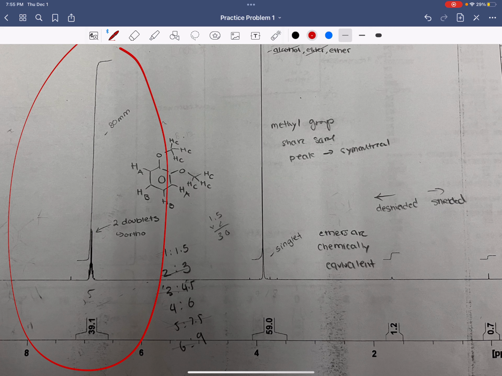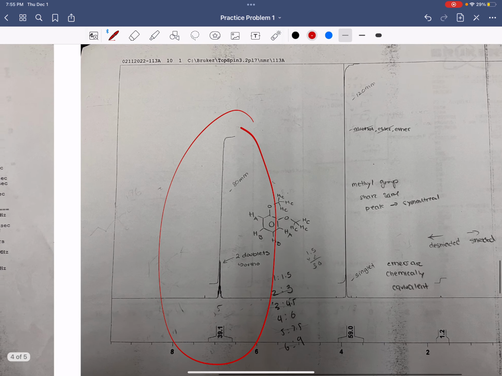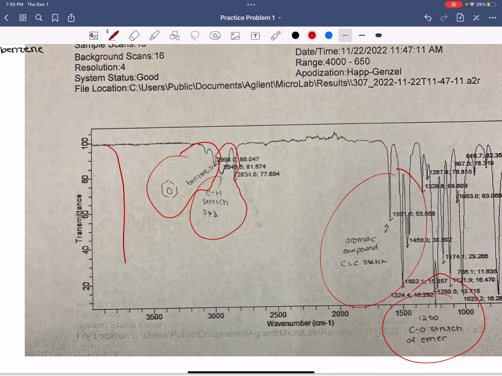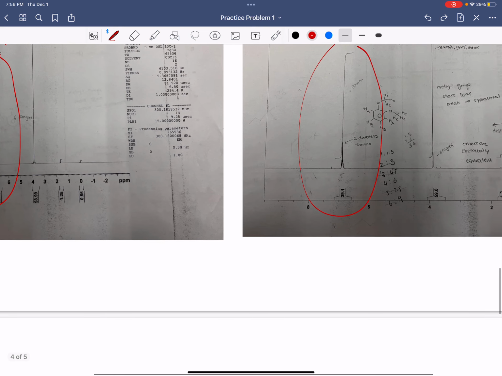I can quickly cancel out alcohol because there's no fat dip at around 3,600 on my IR, because usually there would be a fat dip here if there is an alcohol. I can also eliminate ester because there's no carbonyl at around 1,700, which is here. And that left me with ether as the only option left.